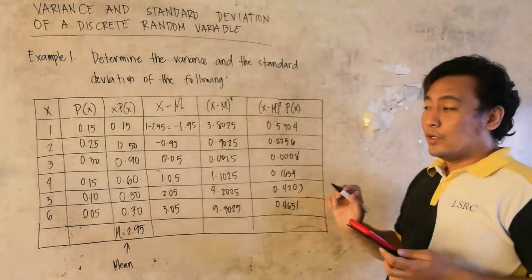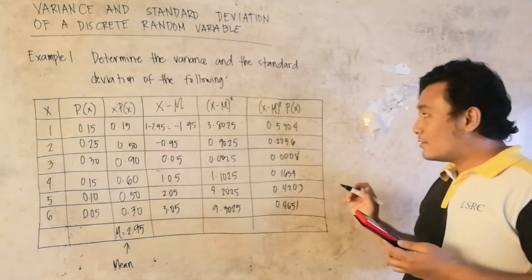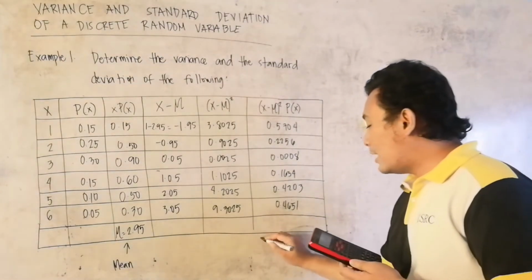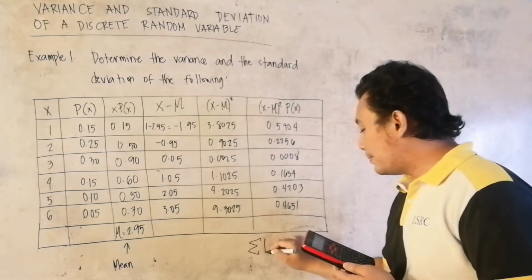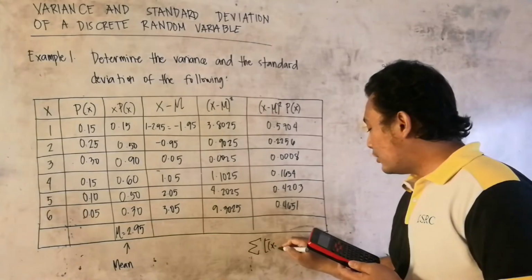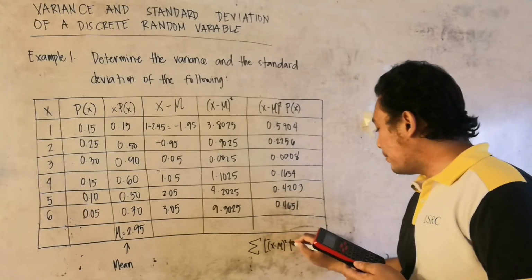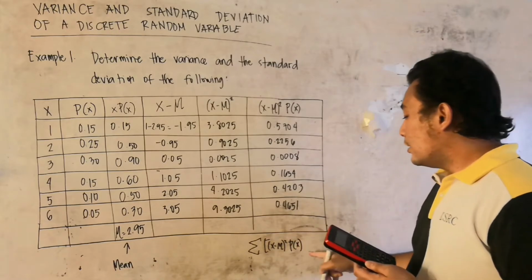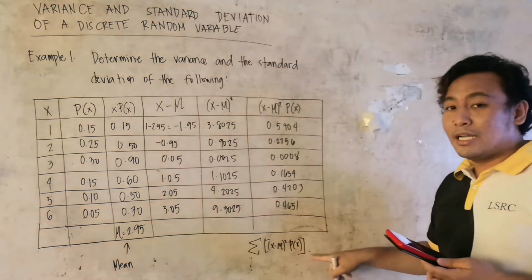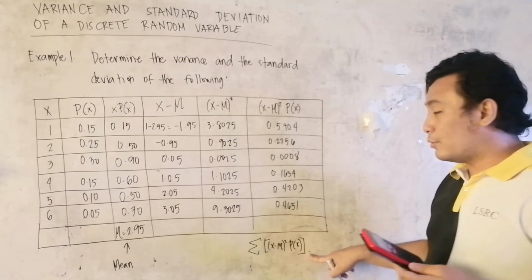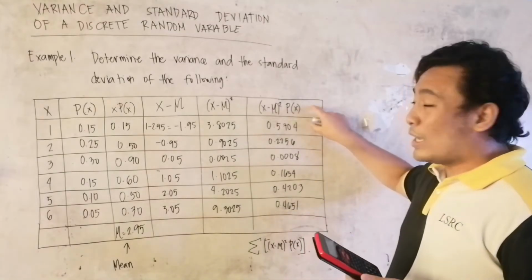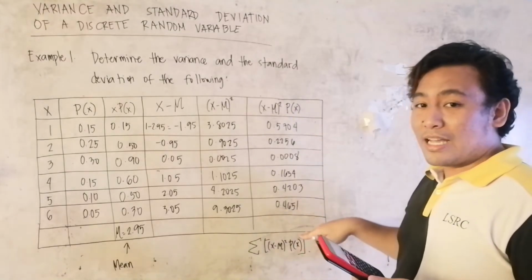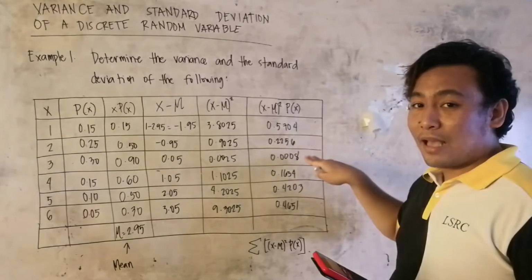0.4651. So, to solve for the variance, remember that the formula is the summation of x minus mu squared multiplied by p of x. So, ito yung formula natin to solve for the variance. So, simply, once we already have this column, ang gagawin na lang natin is to get their sum.